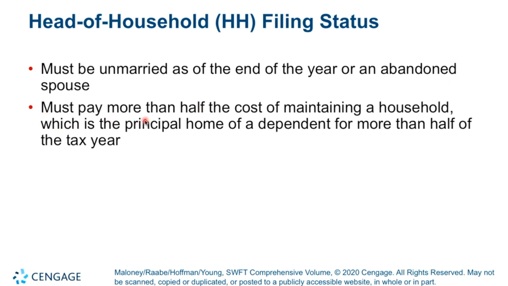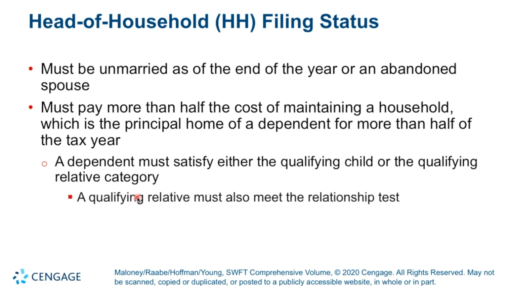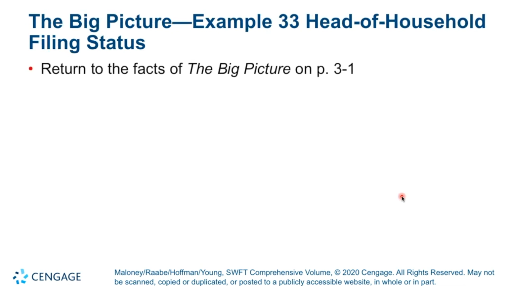Now, they must actually pay more than half the cost of maintaining a household, which is the principal home of a dependent, for more than half the tax year to qualify. And a dependent must satisfy either the qualifying child or qualifying relative rules, of course. That's why we covered all of those rules. And a qualifying relative must also meet the relationship test.